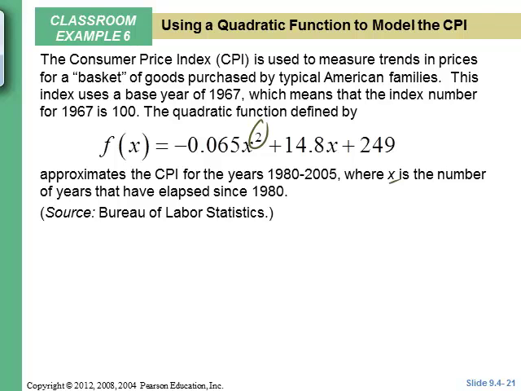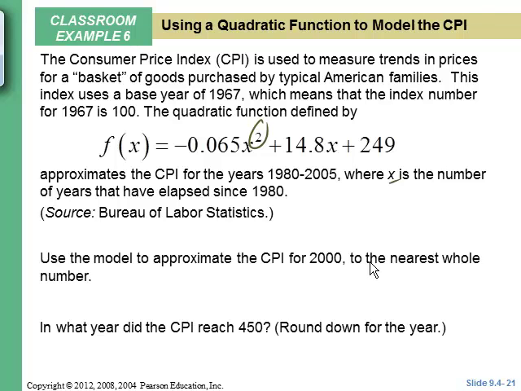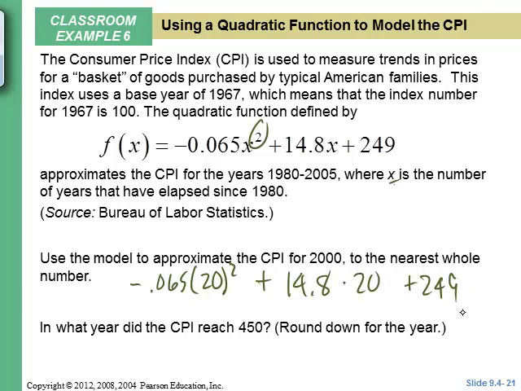We're supposed to use these numbers to approximate it for 2000. How many years is it after 1980? Well, from 1980 to 2000 is 20. So it's going to be negative 0.065 times 20 squared plus 14.8 times 20 plus 249.